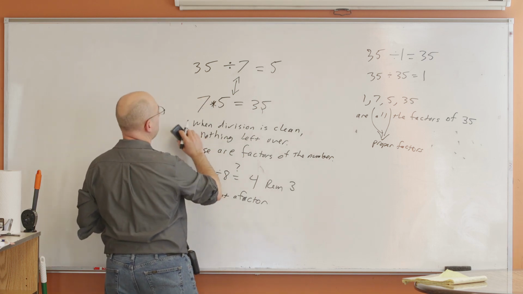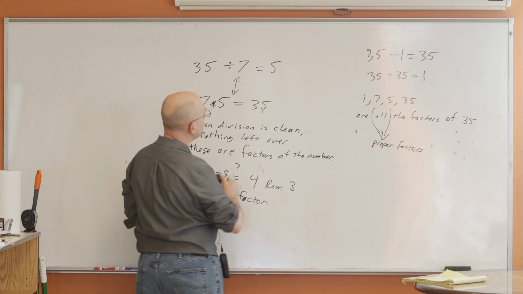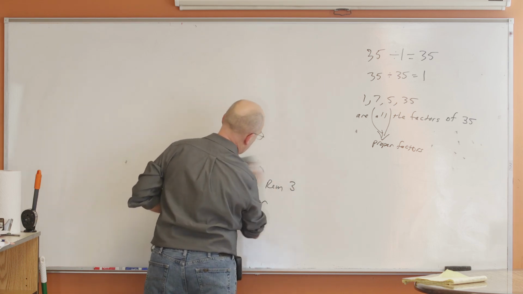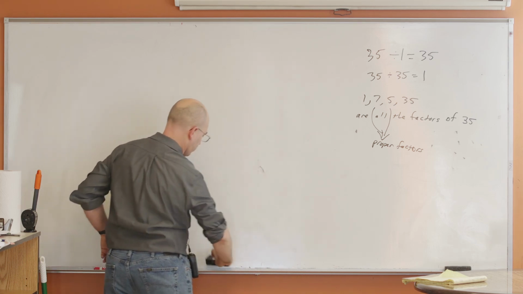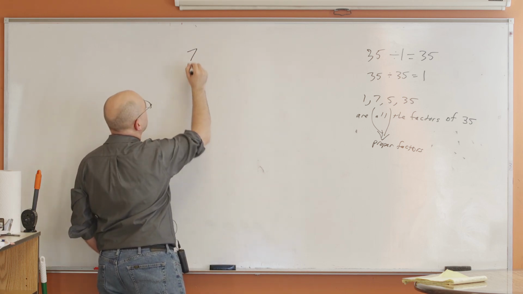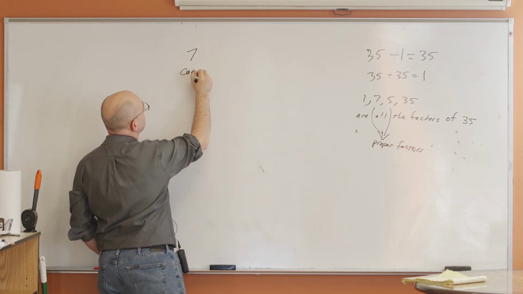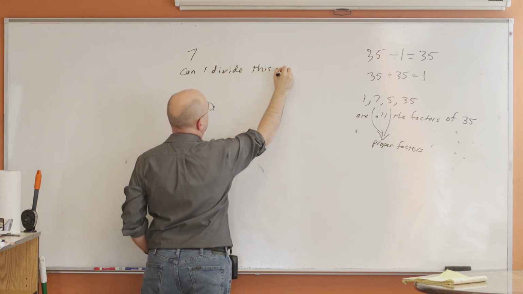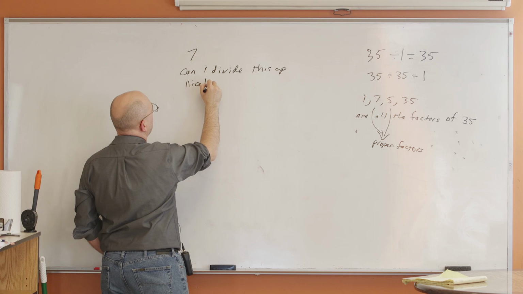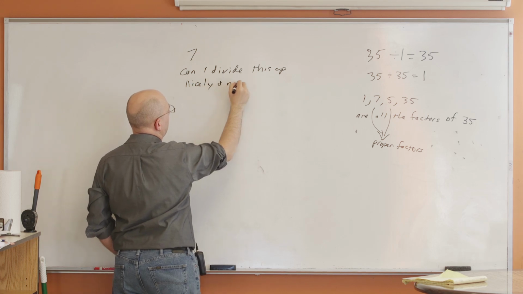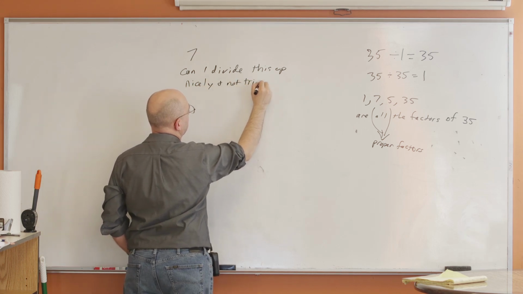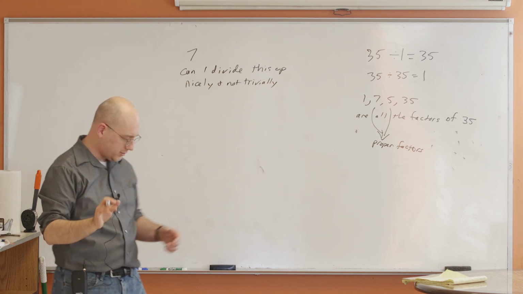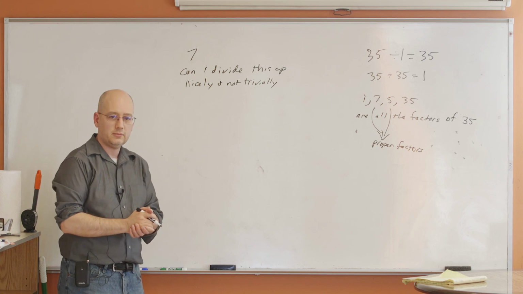Now, let's look at the number 7. Can I divide this up nicely and not trivially? Is there something I can multiply by two things, not 1 or 7, that give me 7?